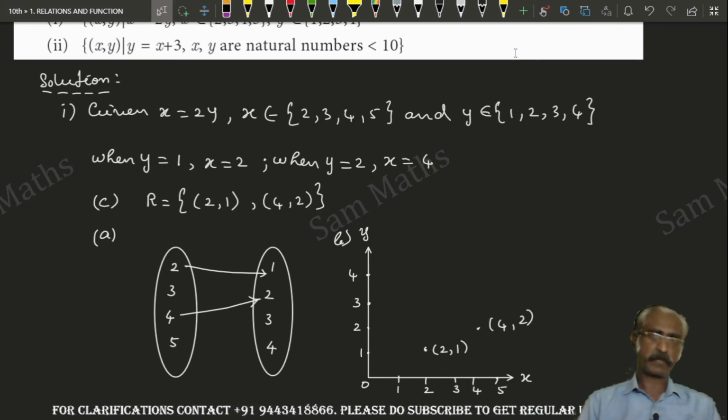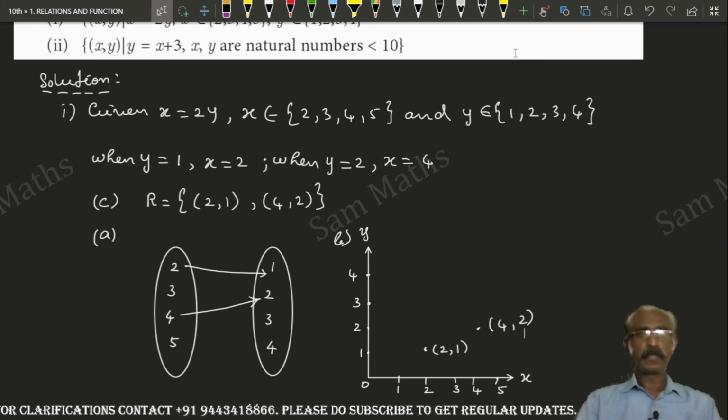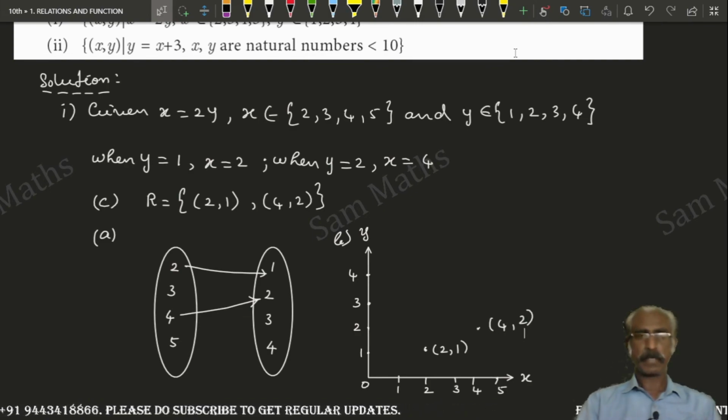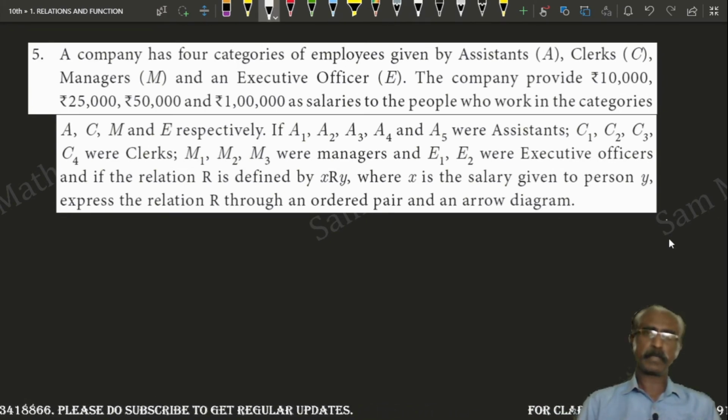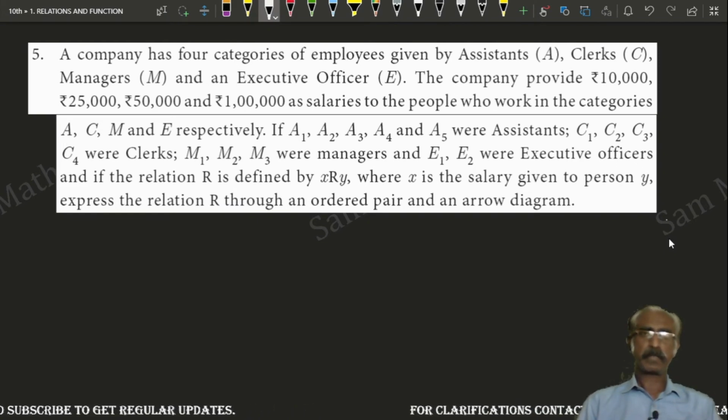Then you have to check like this and write in roster form, arrow diagram and graph.